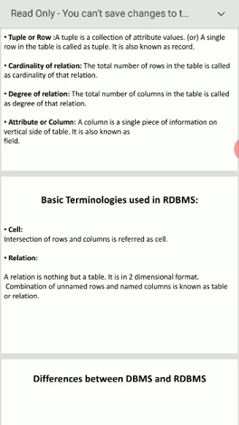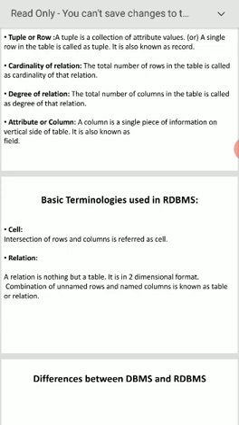Then relation. It is nothing but a table. It is similar to a table, but in a 2-dimensional format. 2-dimensional format means more than 1 row and more than 1 column. If we take a single-dimensional format, it is not a table.